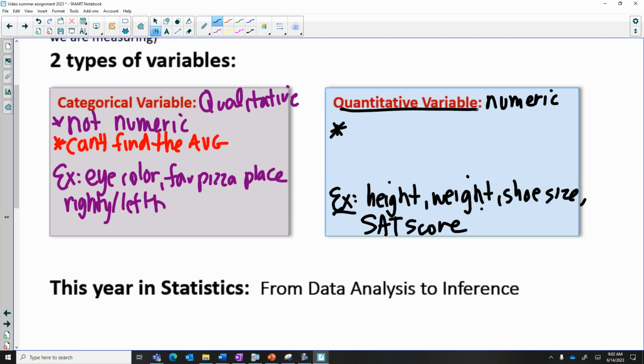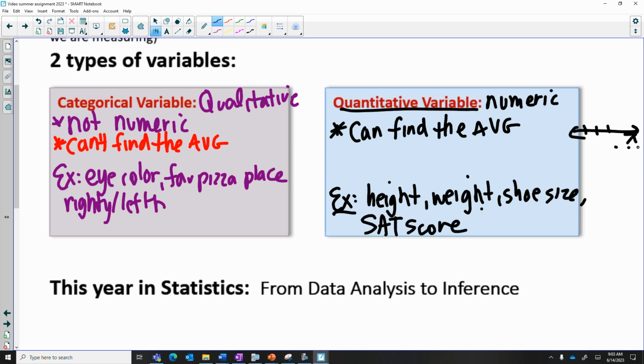We spend more time talking about quantitative variables this year, but we are going to touch upon categorical variables. So if you're not sure if you can find the average of something, then it is a quantitative variable and it can be put on a number line, an axis, and you actually count it out with numbers.